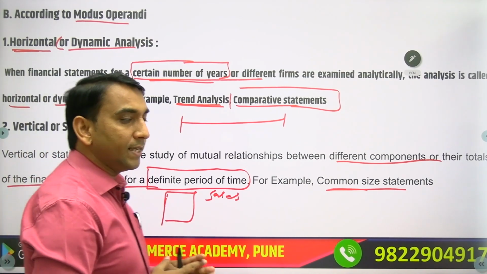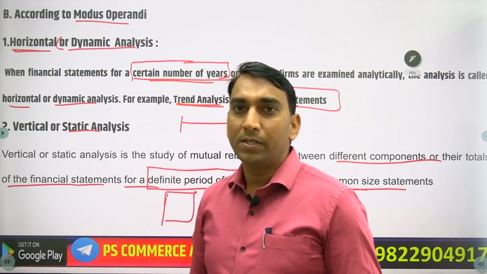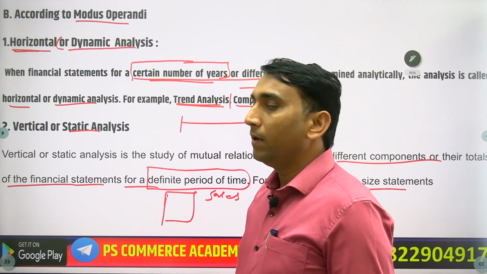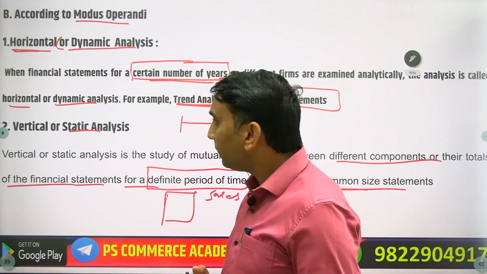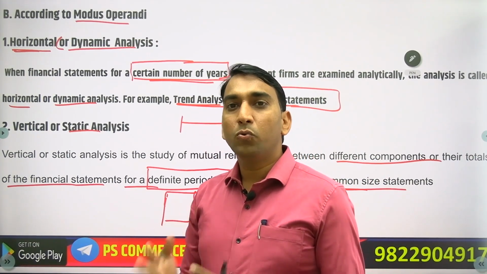So to do all these things, what tools are available with us? ये सब तो हो गया, इंटरनल एनालिसिस हो गया, एक्सटर्नल हो गया, हॉरिजॉन्टल हो गया, स्टैटिक हो गया. ये सब करने के लिए हमारे पास टूल कौन कौन से हैं?